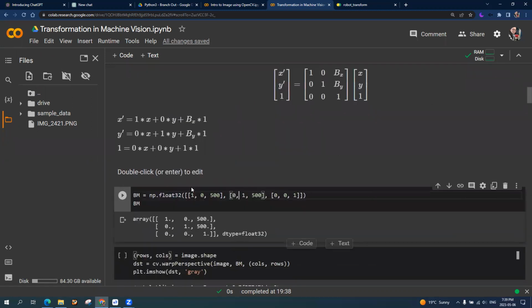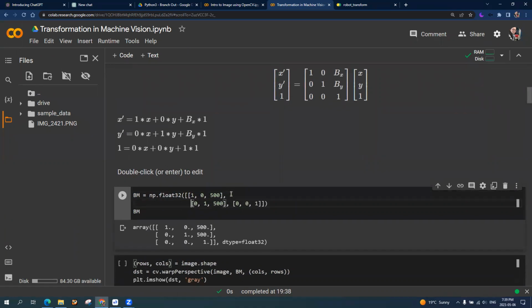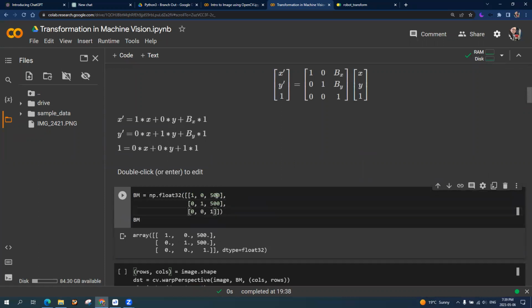This is a NumPy way of defining a matrix. Basically, you can visualize this even when you write this. So we can see that this is a 3x3 matrix, right? The BX we are defining here is 500, and the BY is also 500. And at the end, I print it out and it looks like this, okay?